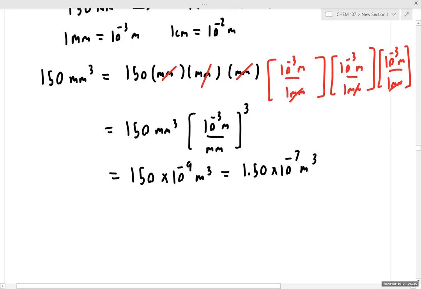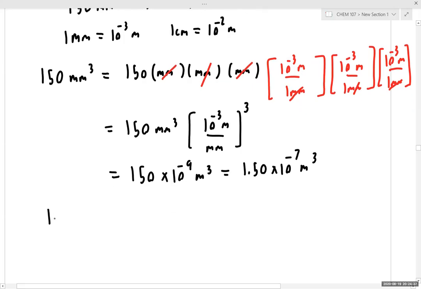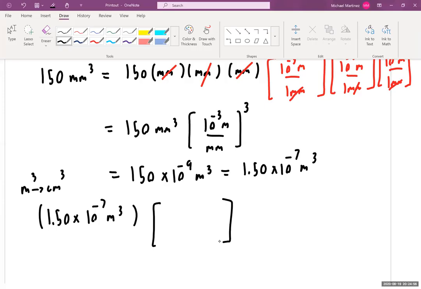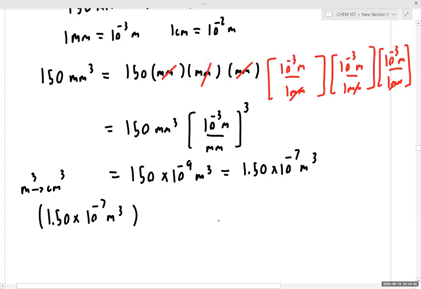We're not quite done here, so now we have to go from meter cubed to centimeter cubed. So we have 1.50 times 10 to the negative 7th meter cubed. And my question to all of you is, what unit do we need to have on top?